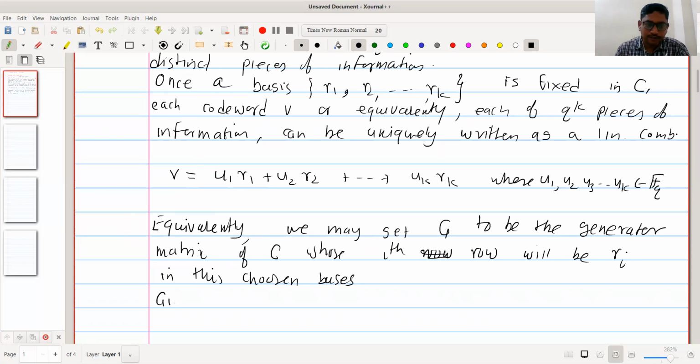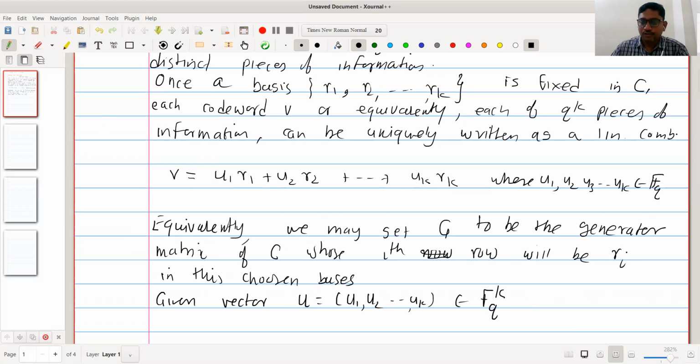That is, the given vector u is u1, u2, uk. It is a k-tuple, so definitely it is from Fq^k. The field is Fq.